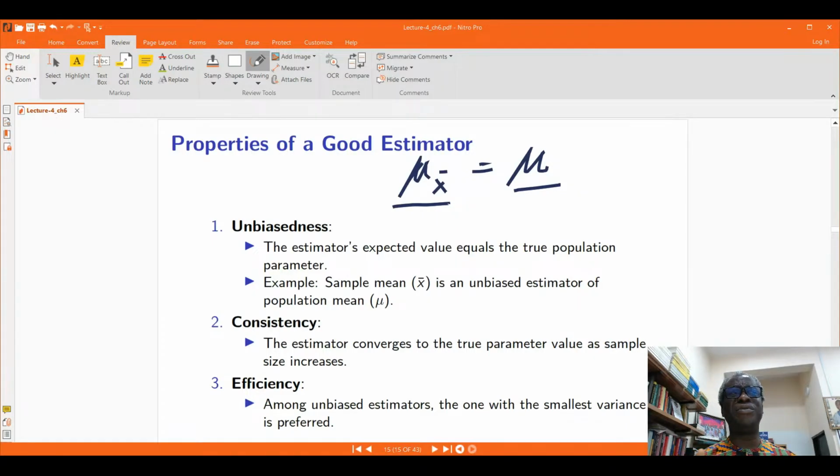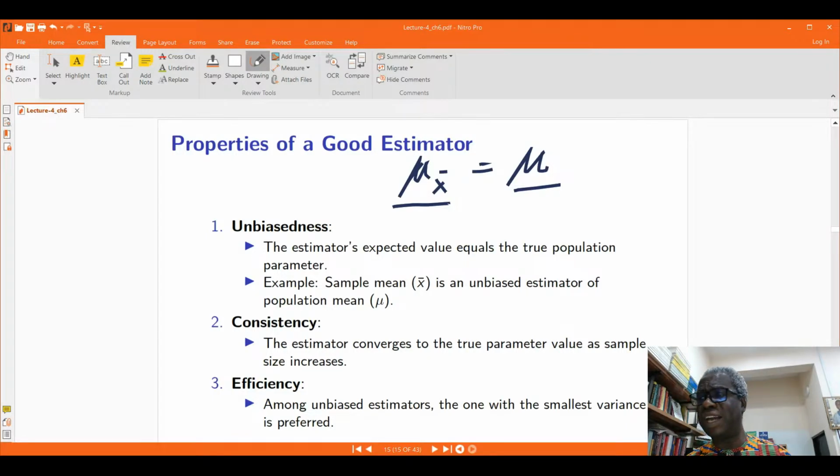If as you take more observations in your study, the estimate you get gets closer and closer, in other words, if the estimator converges to the true parameter, then you say that estimator is consistent. And finally, we talk about the efficiency.